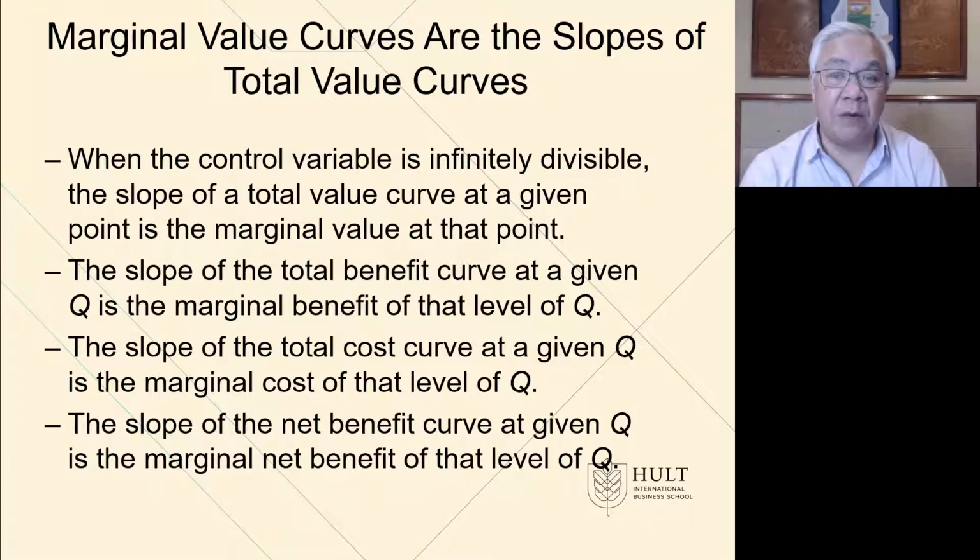And so we're going to say we can then substitute the idea of using the slope for determining the marginal benefit or the marginal cost. Same thing holds for marginal net benefit, right? So the marginal cost, marginal benefit, and marginal net benefit are all determined by getting the slope of those curves given the change in quantity.